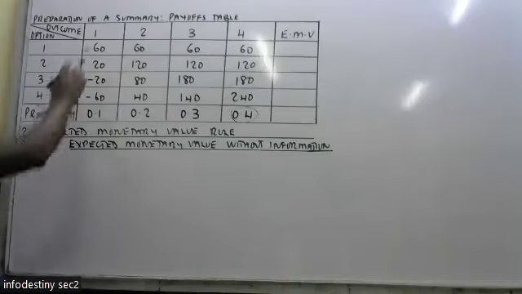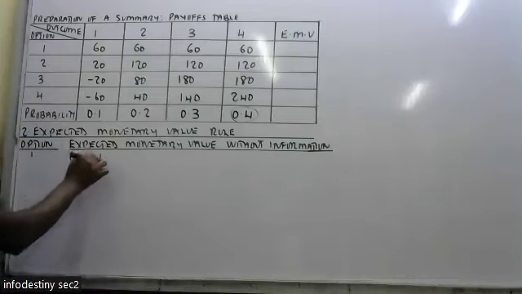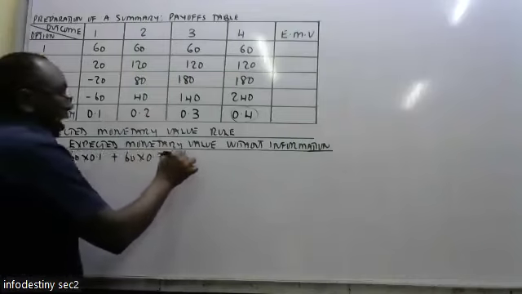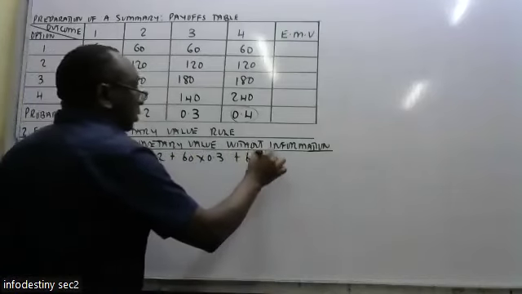So, number one, this is what you do. You take these tables, you multiply by the probabilities. So you say 60 multiplied by 0.1 plus 60 multiplied by 0.2 plus 60 multiplied by 0.3 plus 60 multiplied by 0.4.